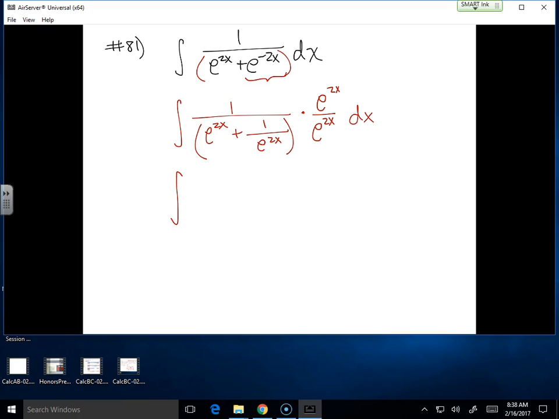On top we have e to the 2x, right? On bottom, what do we have? E to the 2x plus e to the 2x, add them, 2x plus 2x is 4x. What happens when I bring them in the second one? Now, some of you are like, okay, we have stuff up top, let's make that whole thing u.